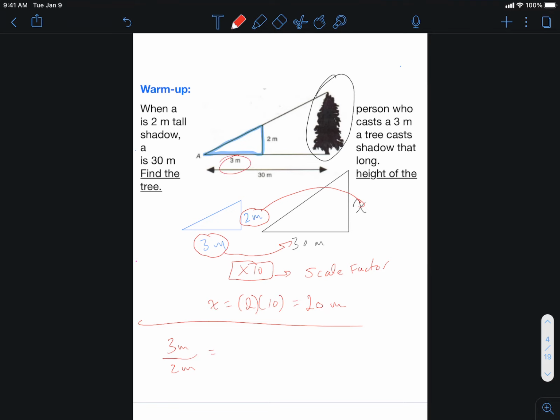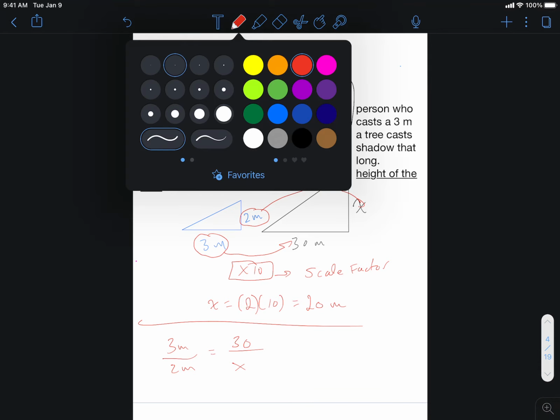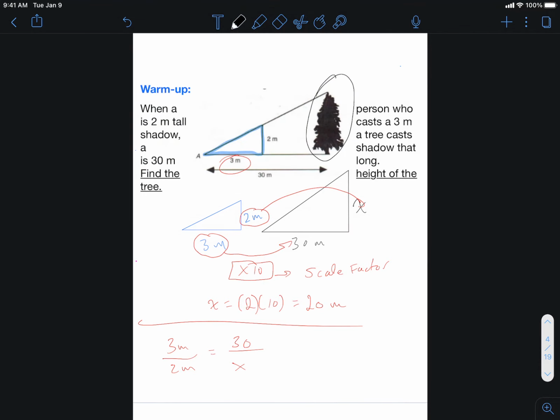The 3's on the bottom, so you take the bottom over x. And you could use either of the 2 methods I showed you yesterday, where you multiply by 10 here. This is the same thing as the picture, but a little more organized, or it looks a little more like math.